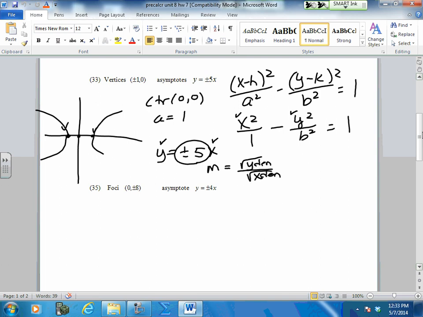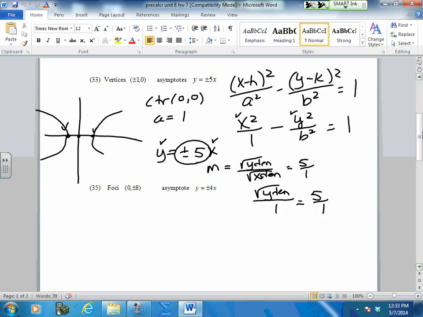So 5 over 1. So my slope is equal to 5 over 1, right? And what is the square root of the denominator in the x? Square root of this one, or 1. So I've got the square root of your y denominator over 1.